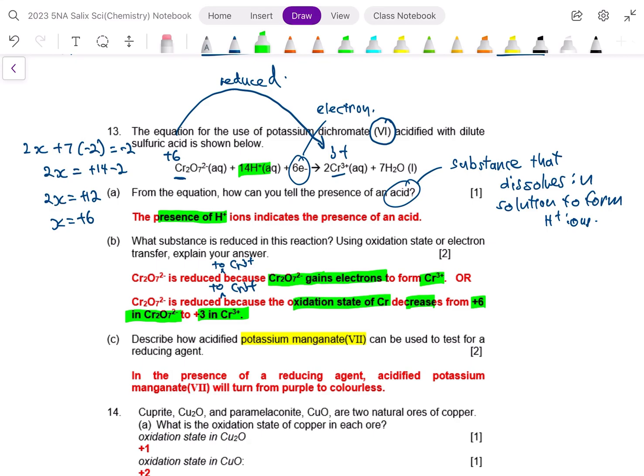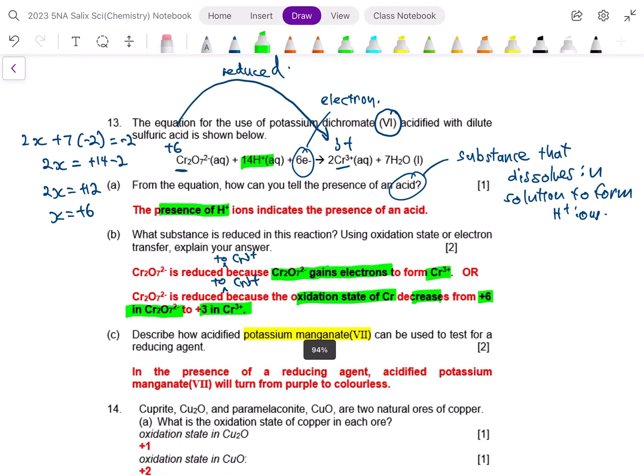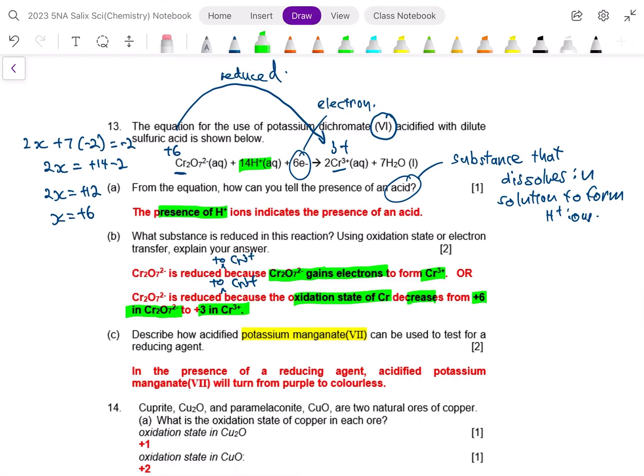Describe how acidified potassium manganate can be used to test for a reducing agent. You want to know whether it's a reducing agent. What you do is add potassium manganate, KMnO4.